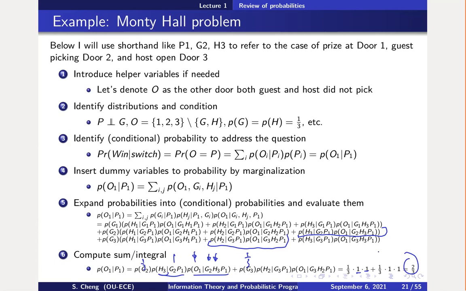Okay, so I hope I kind of convinced you that if you come across a probability problem that you don't know how to work on, this engineering or dummy approach may be what you try: introduce some random helper variables, think of exactly which probabilities you are trying to compute, and then use marginalization to introduce dummy variables so that you can expand them into a conditional probability that you know how to find based on the problem setup.